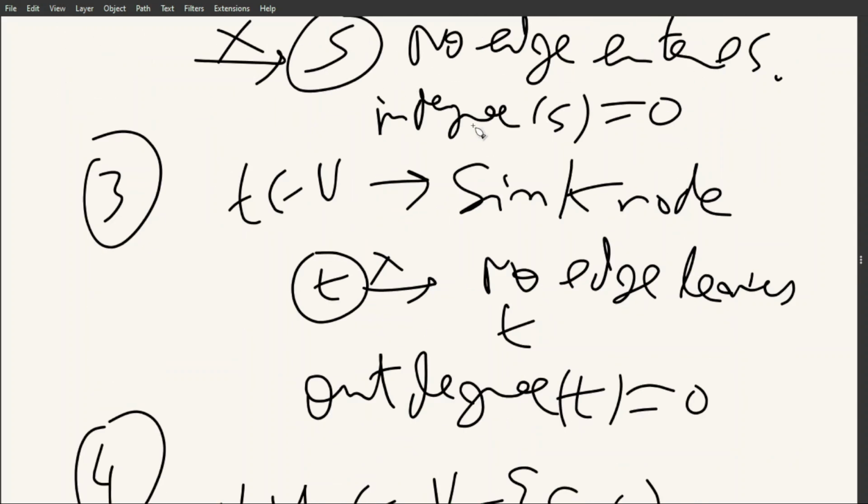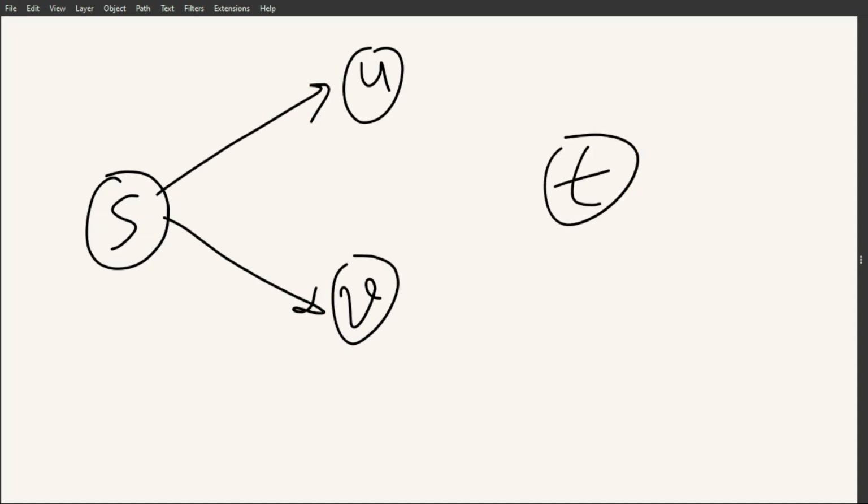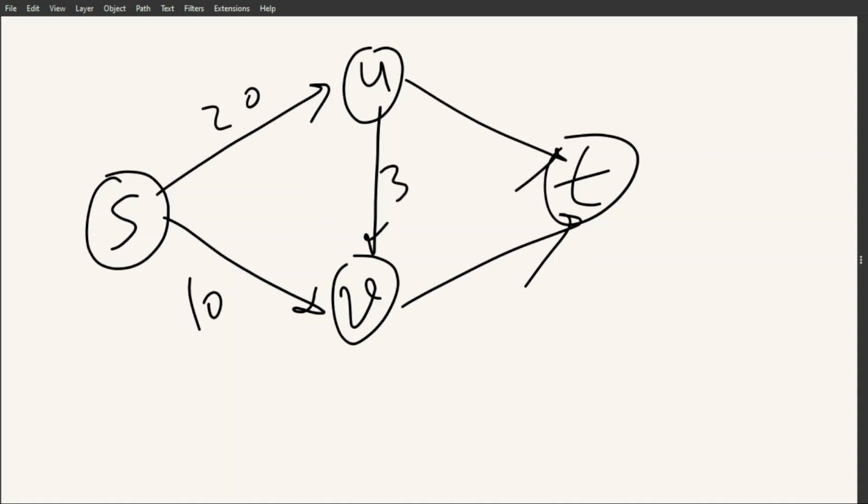So very simple example of a flow network: s, u, v and t. We have directed edges like this with capacities 20, 10, 30, 10, 20. This is an example and we'll take this for describing the algorithms.